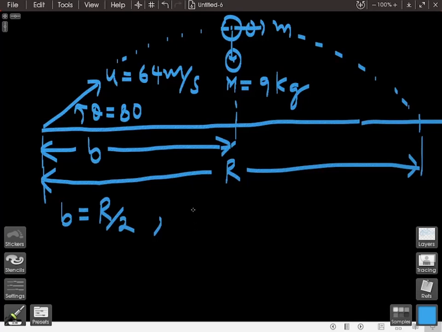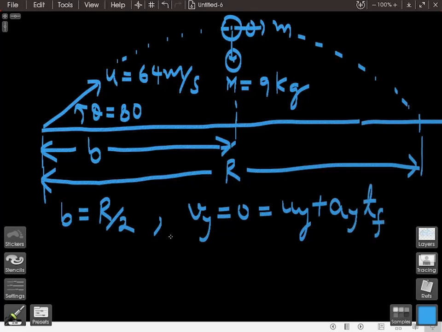At the highest point, the velocity along the y direction would be 0. We know Vy is equal to uy plus ay into time of flight. Okay, this time of flight is to reach the maximum point.